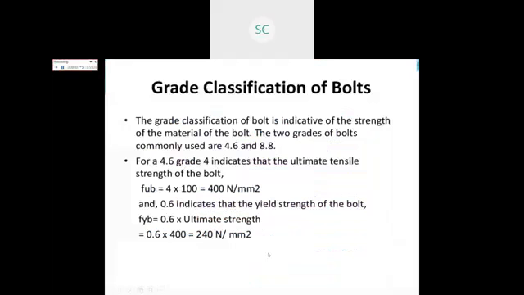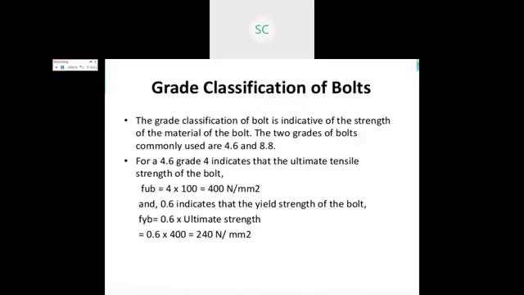So, if you talk about these bolts, what is the grade classification of bolts? These grades are generally used for the unfinished bolts and finished bolts.